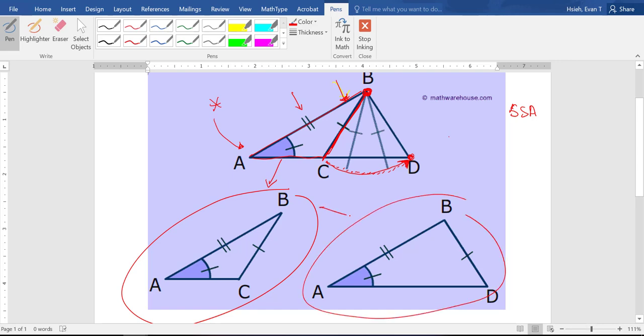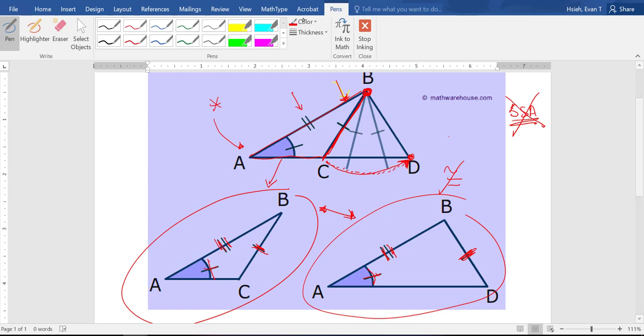Hopefully you can see that neither of these triangles are congruent to each other, yet they have the same side, side, and angle in that order, but the triangles are not congruent. And so side-side angle does not work.